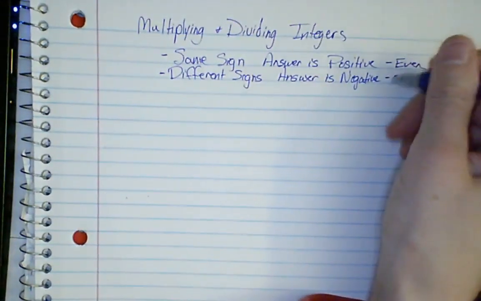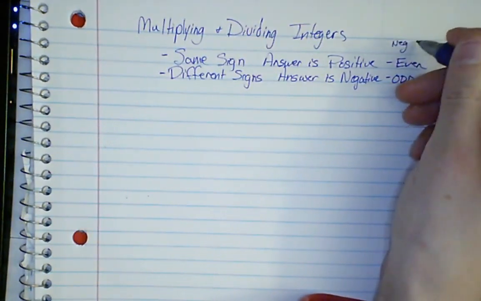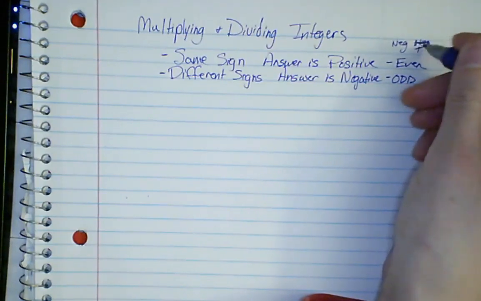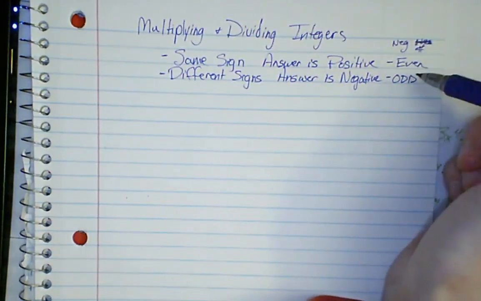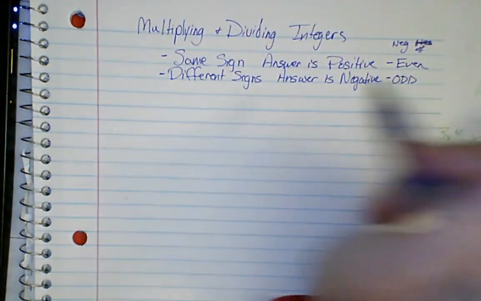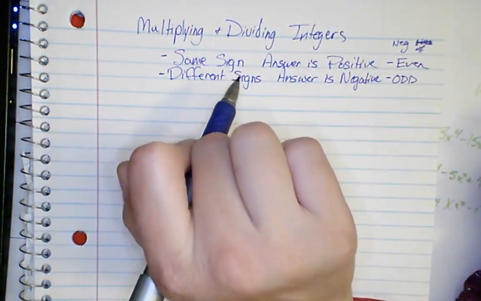And if you have an odd amount of negative numbers, then you will have the answer as a negative. So, even amount of negative numbers, the answer is positive. Odd number of negatives will be negative.